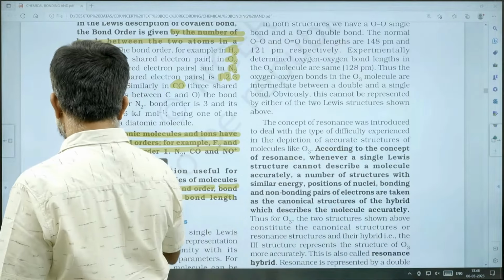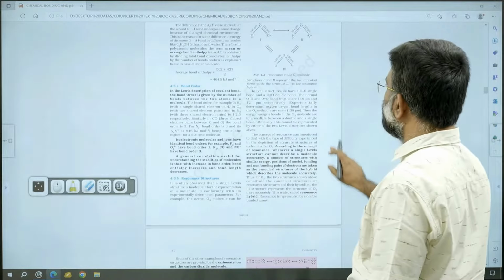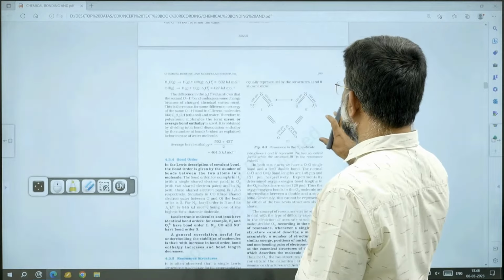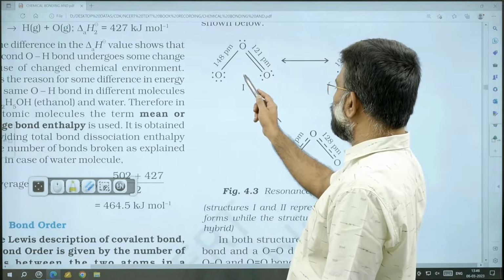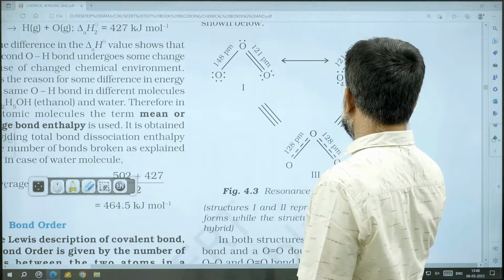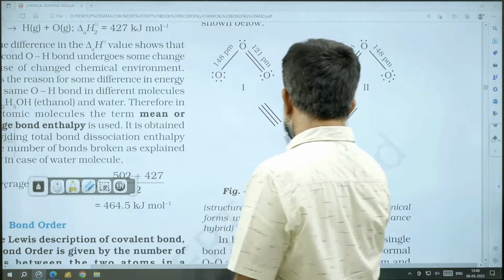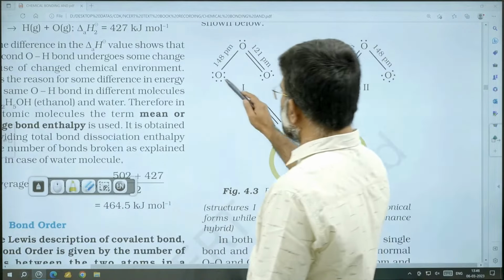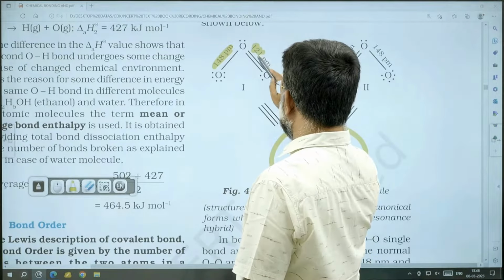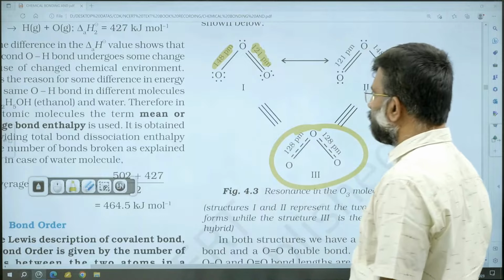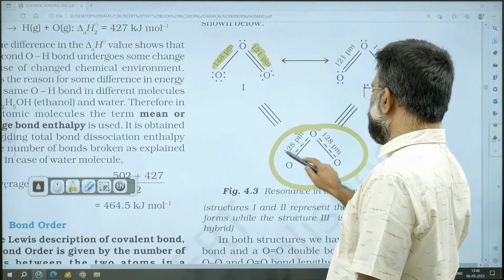And about resonance, already we had a talk. These are the resonating structures in ozone molecule. This is canonical structure number 1 and this is canonical structure number 2 and this is the resonance hybrid structure. O-O single bond is 148 picometer, O=O double bond 121 picometer. But you see, in actual ozone molecule, every O-O bond is identical and same.